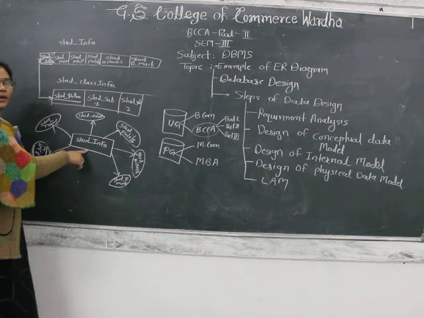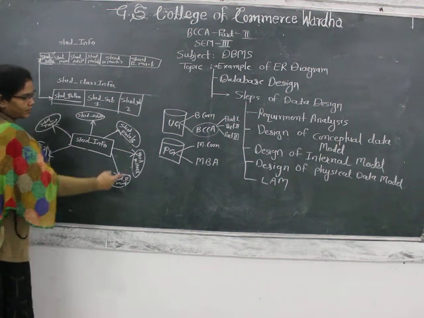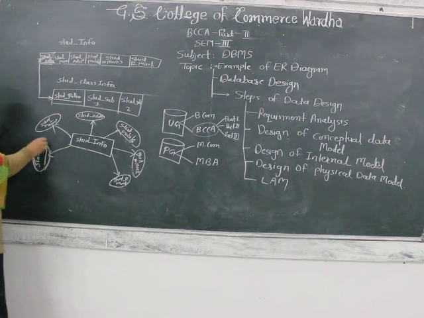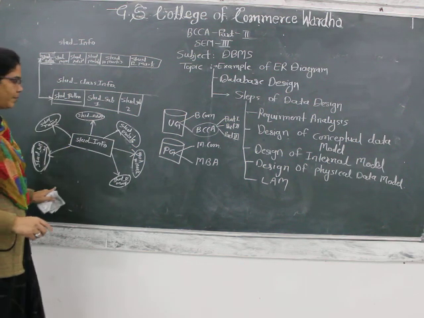This is the entity representation and this is the attribute representation, and this line indicates that it is a primary key.